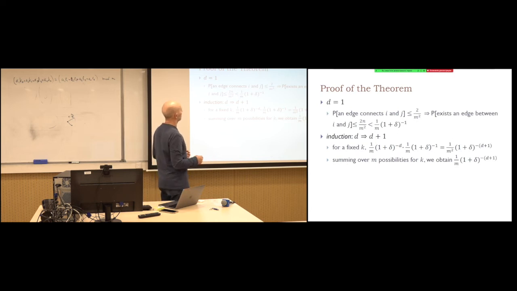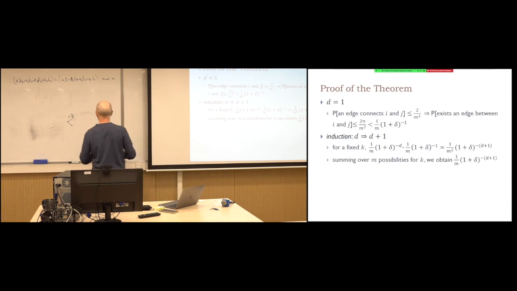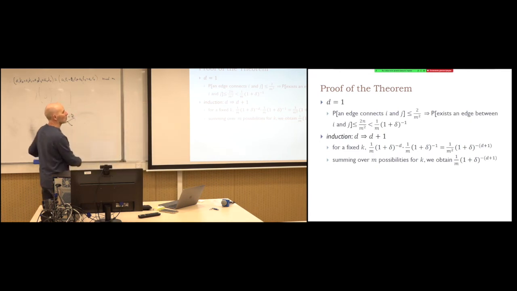The probability is 1 divided by, yes, one divided by... So we have, no, it's not m choose 2, it's m square over 2, because we also allow self-loops. So we have m square over 2.